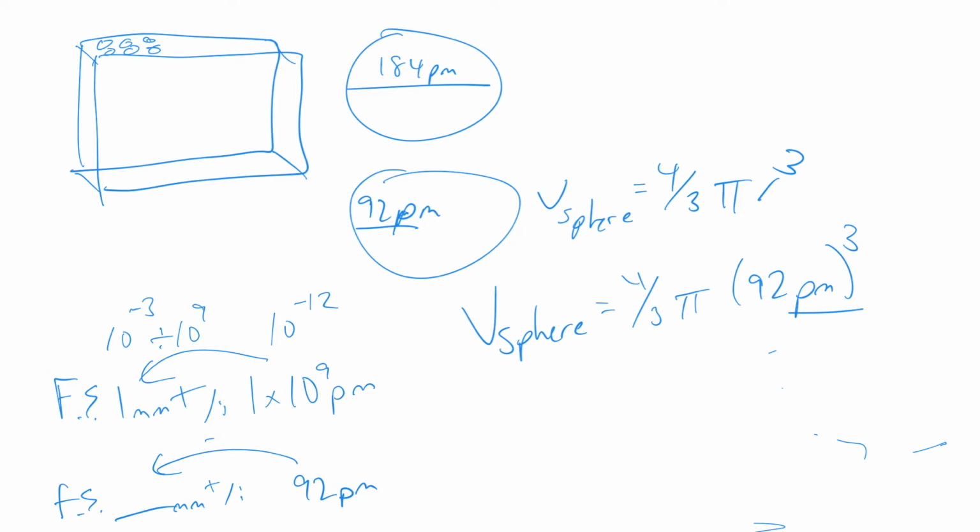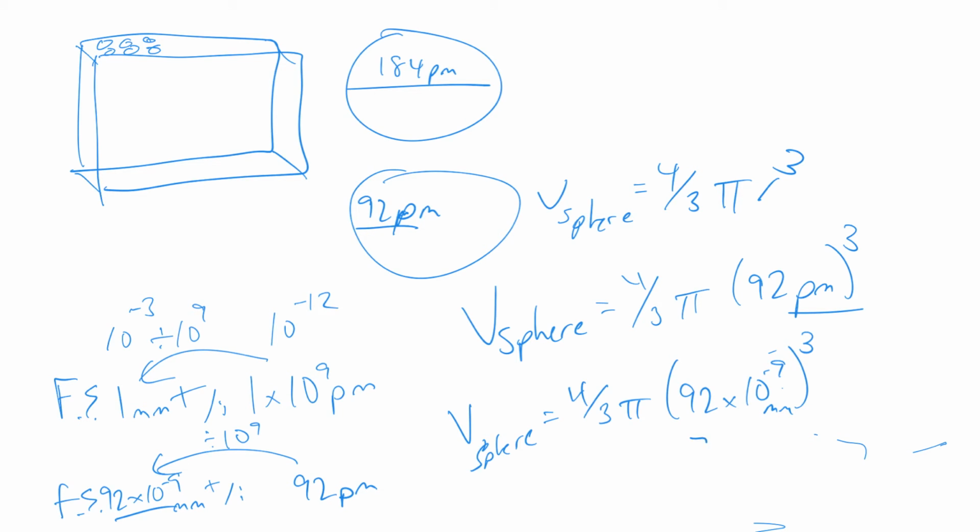So this would be divided by 10 to the 9th, which would be 92 times 10 to the negative 9th. So now we're going to say that the volume of a sphere is equal to 4/3 times pi times 92 times 10 to the negative 9th millimeters cubed.